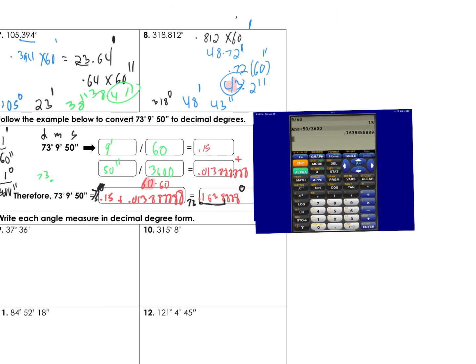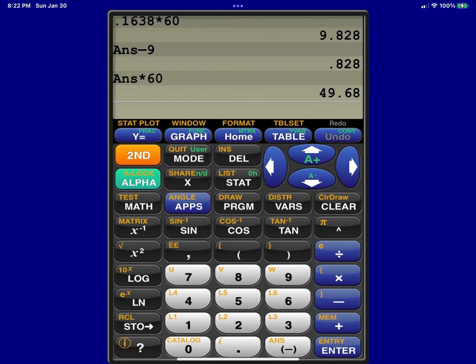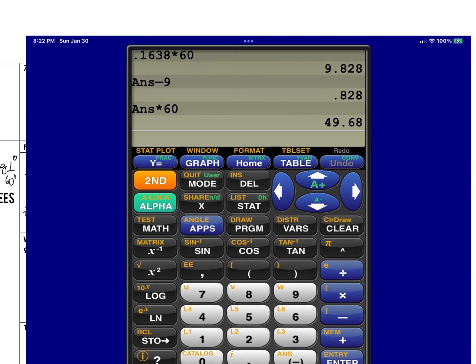Okay, let me get rid of these pictures here. Now I'll add the new picture. And there it is. You'll see that I have 0.1638.